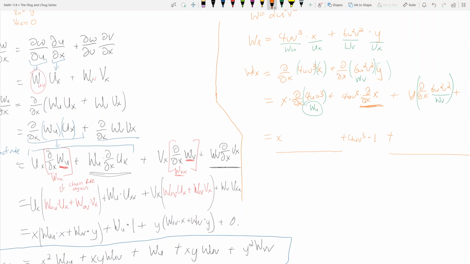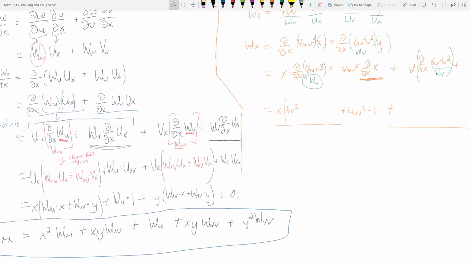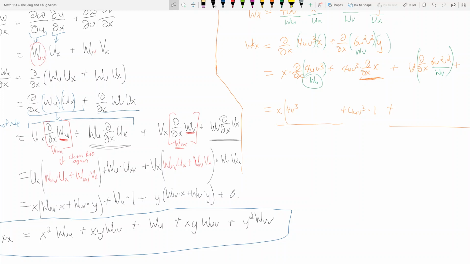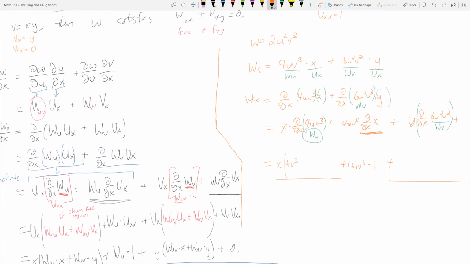So that becomes 4v cubed, okay, so 4v cubed, which is WUU. And you can see that, right? W sub u is equal to 4v cubed, because w sub u is equal to 4uv cubed.